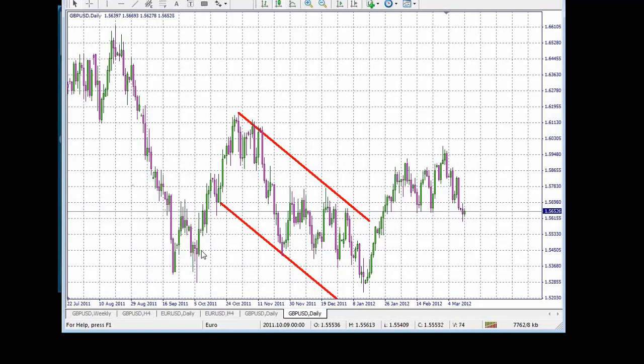In the last period what is happening with the pound is a little bit different from how the euro is acting. So for me, starting from this, let's say, this is one cycle.